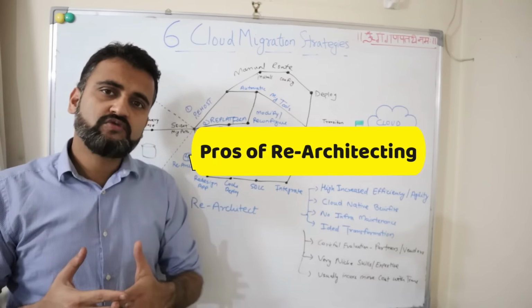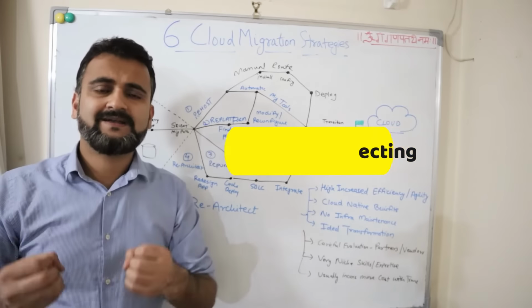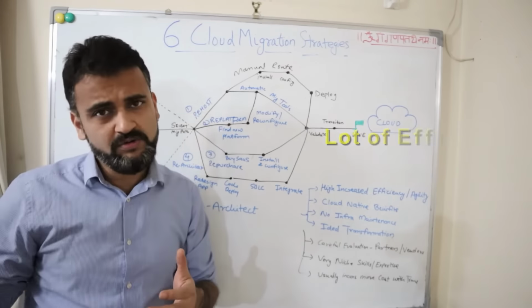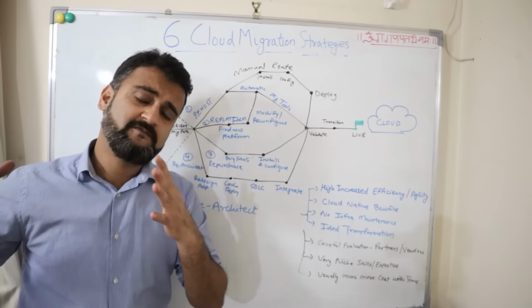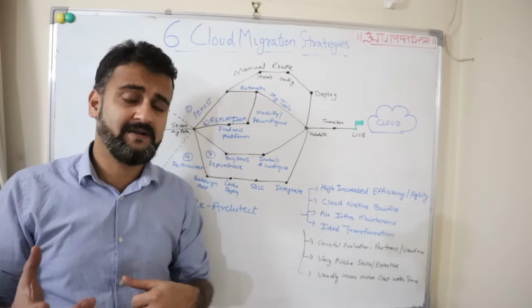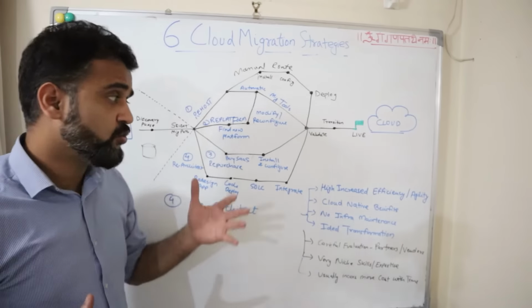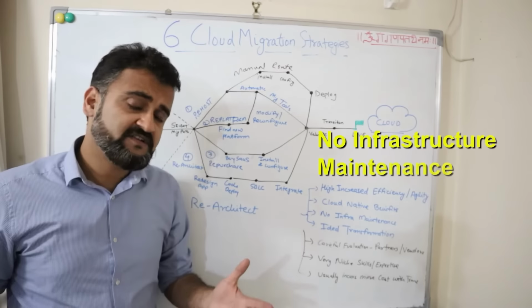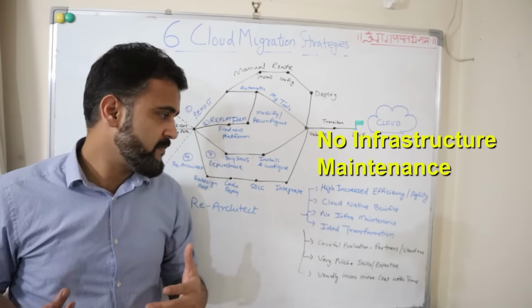So what are some pros of this approach? Well, you will get a lot of efficiency and agility because you will migrate into a cloud native solution. For example, if your microservices application needs changes, it could be done on demand without any downtime. Those cloud native benefits we have talked about a lot. No infrastructure maintenance is also one of the common benefits you get.